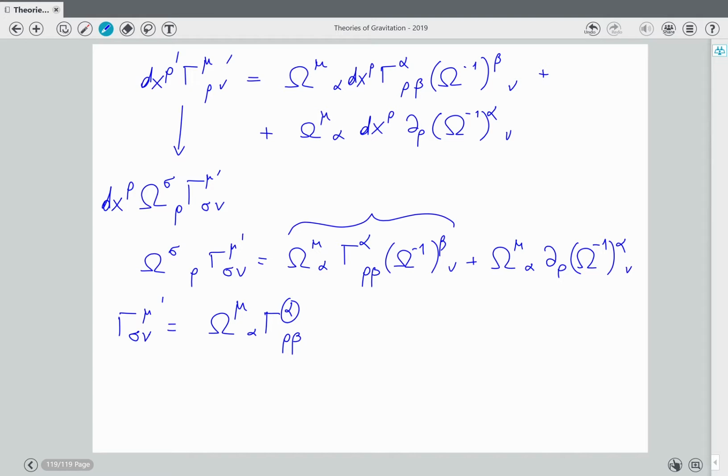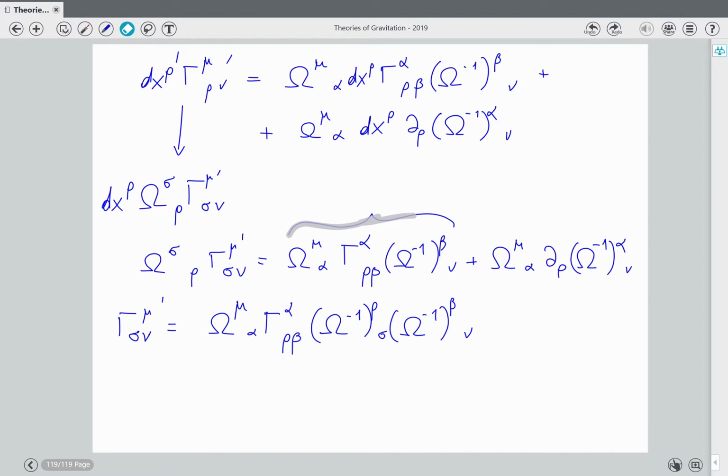So the superscript gets multiplied by omega, and both subscripts get multiplied by omega to the minus 1, because for beta you have beta nu, and for the other you have rho sigma. Because if I multiply by omega minus 1, that is what gets rid of the matrix that appears on the left hand side.